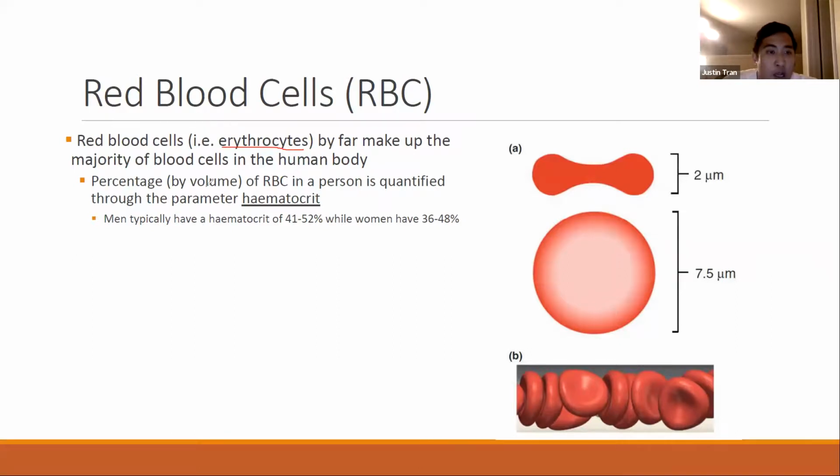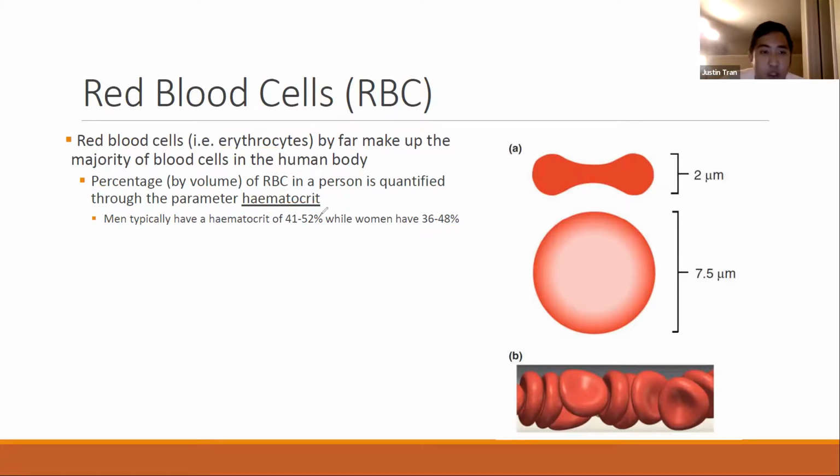The amount of red blood cells you have is such an important quantity that doctors usually measure it, and it's called hematocrit. Typical values of hematocrit are 41 to 52% in males and 36 to 48% in females. The hematocrit represents the percentage by volume of red blood cells inside a person's blood.